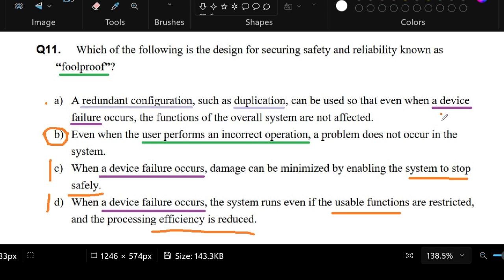I didn't really mind too much this part, device failure, not unlike the statements in C and D, because I thought that redundant configuration, duplication, sounds more of backup, and foolproof made me think about fools making mistakes and misusing the system.